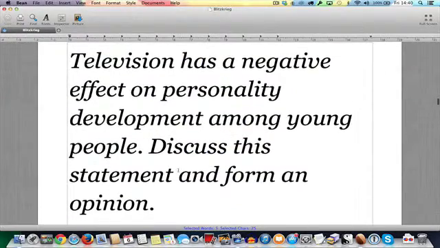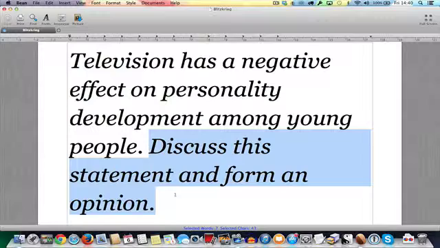Now look at this version of the same question. Television has a negative effect on personality development among young people. Discuss this statement and form an opinion. So in this instance, the instruction words are discuss this statement and form an opinion.